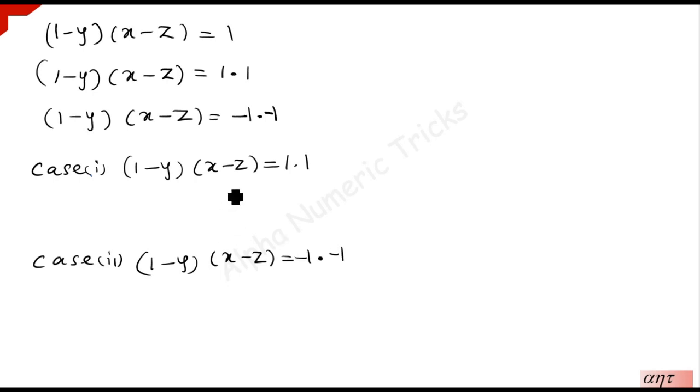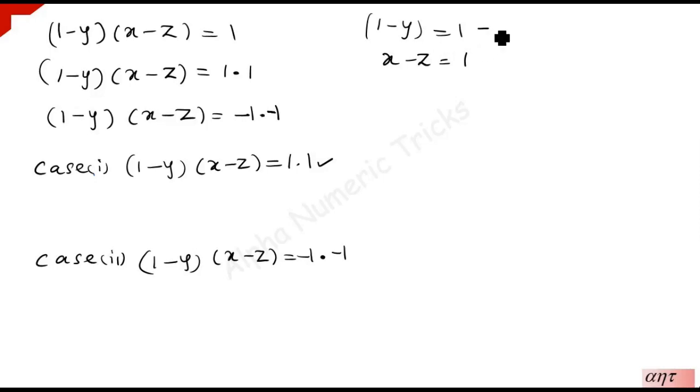So we have to solve for these two cases and get the answer. Now consider the first case. From case 1 we have 1 minus y is equal to 1, and x minus z is equal to 1.